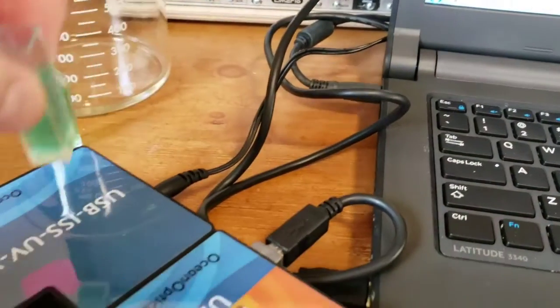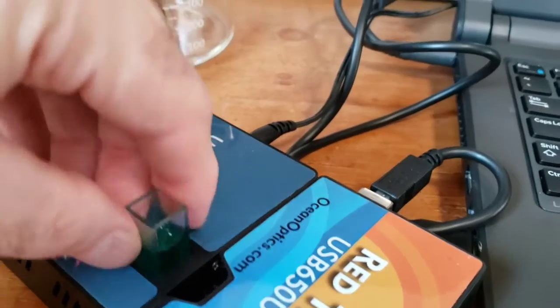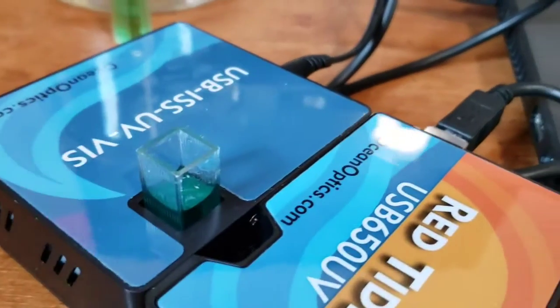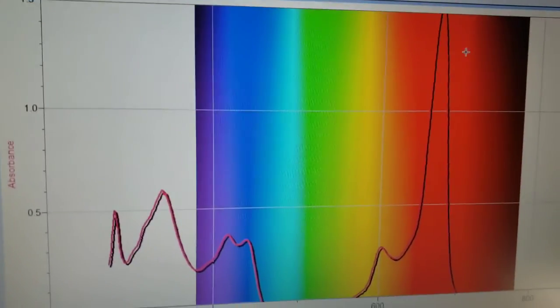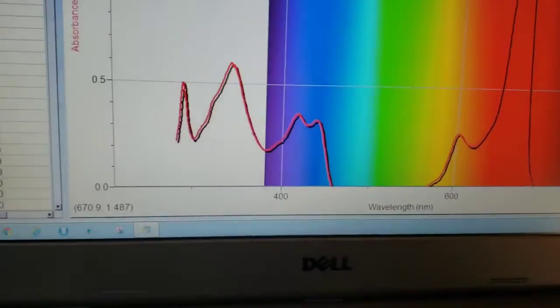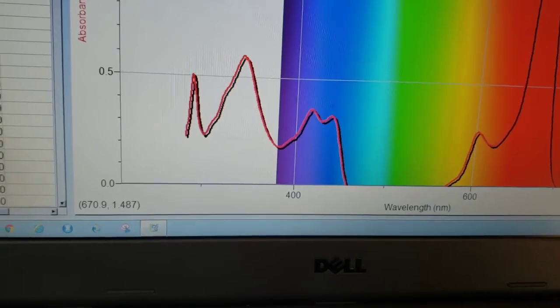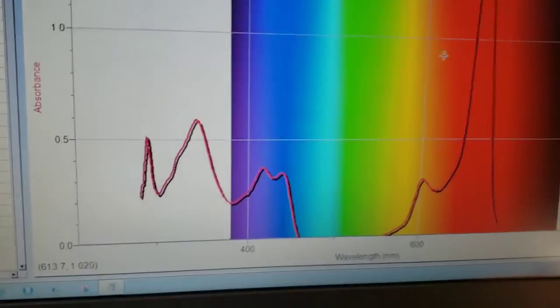Now what I'm going to do is switch out the sample for my known standard sample. And what I see here is, yes, I still have a very strong absorbance right there, but it's about 670 nanometers now, so it's a slightly different absorbance.